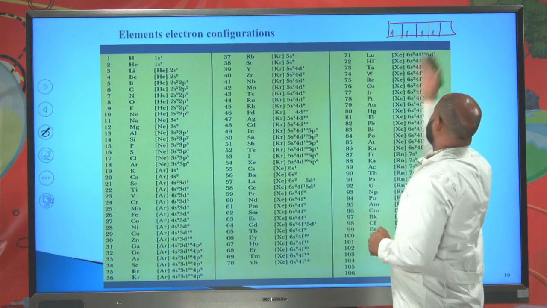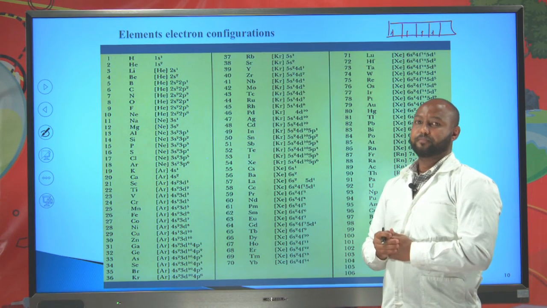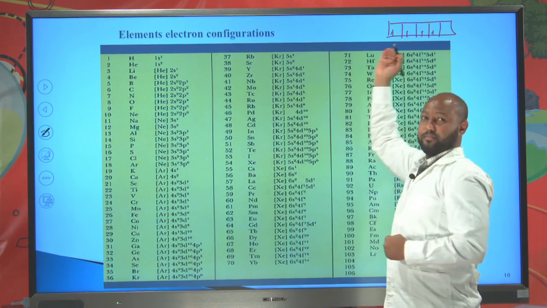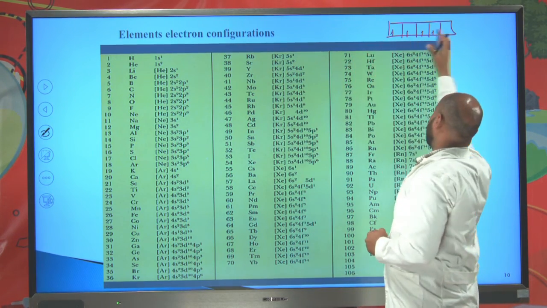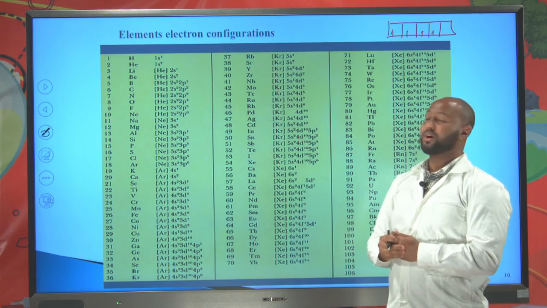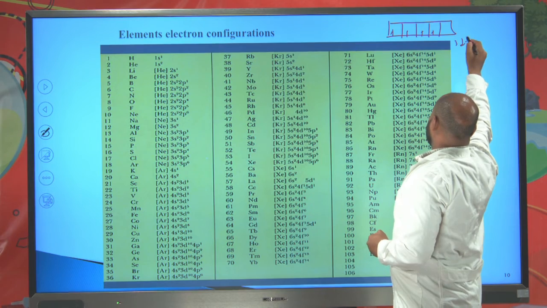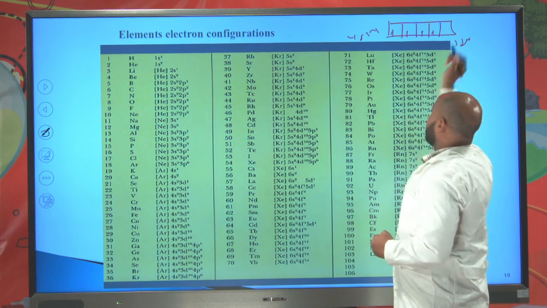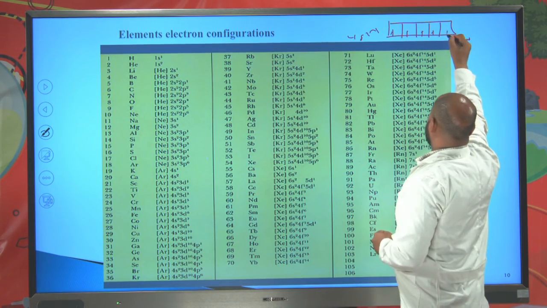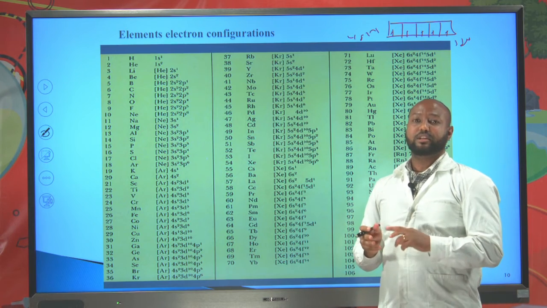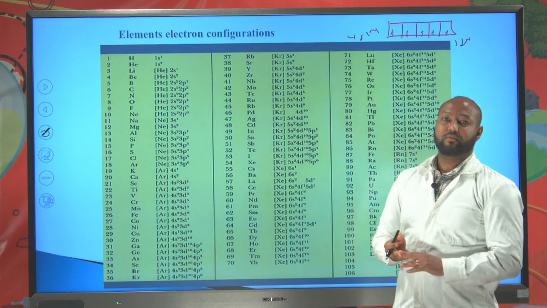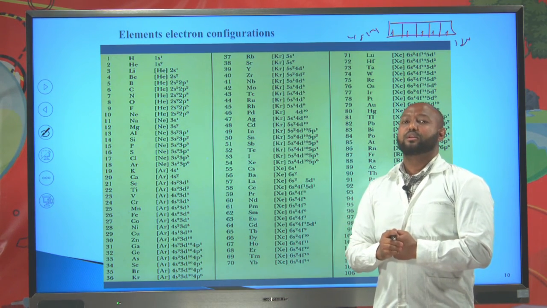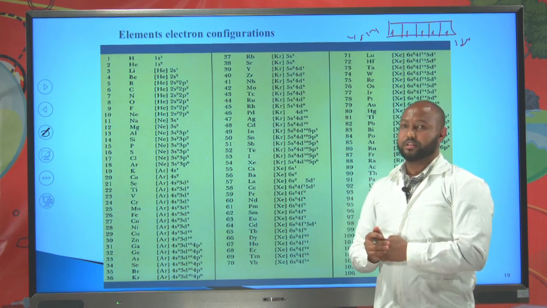Why is it called unfilled? There is 1 electron missing here. To attain stability, it should have fully 10 electrons, or it should have 5 electrons. That's called half filled. So to attain stability, if it is 3d4 and 4s2, 1 electron jumps from 4s to 3d and it becomes half filled. So these exceptional elements like copper, chromium, molybdenum, silver and gold excite their electrons to the next higher orbital.